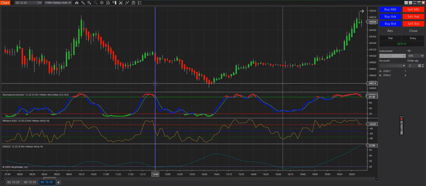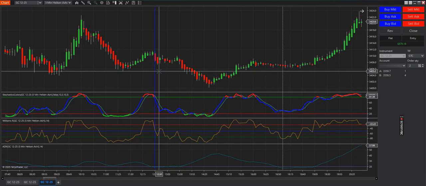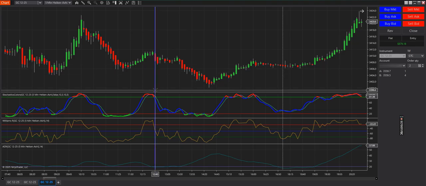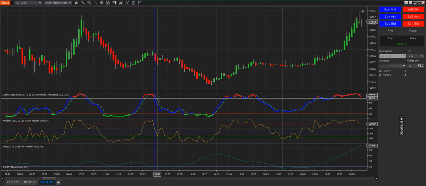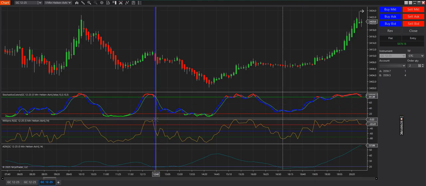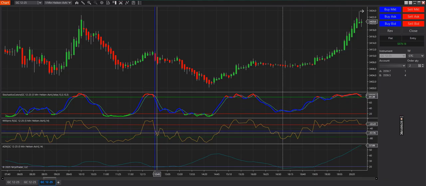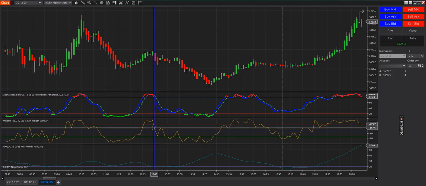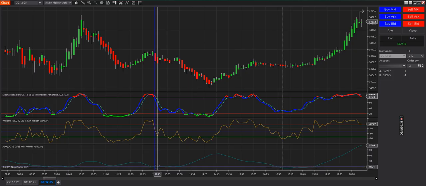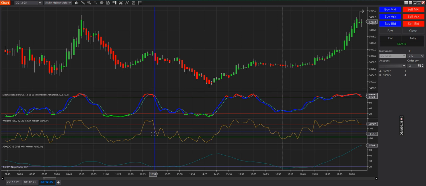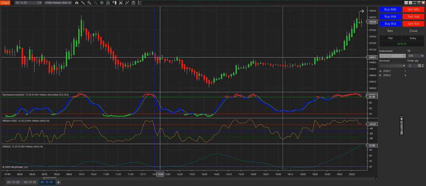So it did slope down, it touched the green, and at the same time the yellow line on the Williams R is touching the blue, showing momentum. However, the ADX is right on top of the 20 level here, so I would not take that trade. So this is how you would avoid this trade right here.